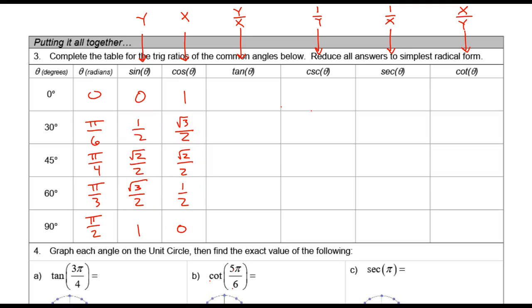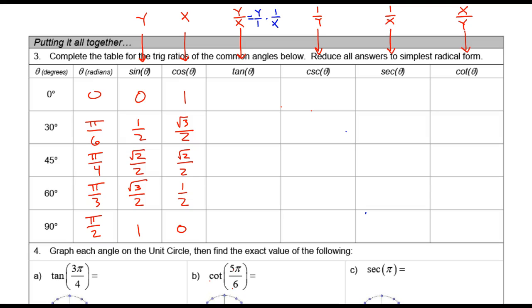Okay, folks, there's all our sine and cosine ratios, which we should know pretty solid by now. Let's talk about tangent now. So tangent is y divided by x, or sine theta divided by cosine theta. I'm going to write it as y over 1 times the reciprocal of x. That's how I'm going to show it in this column.